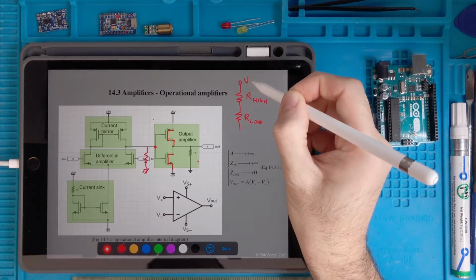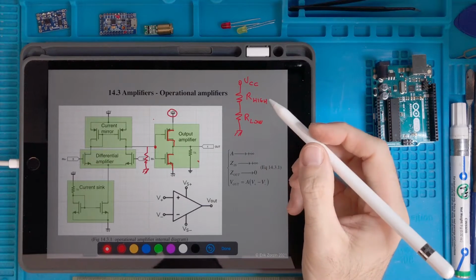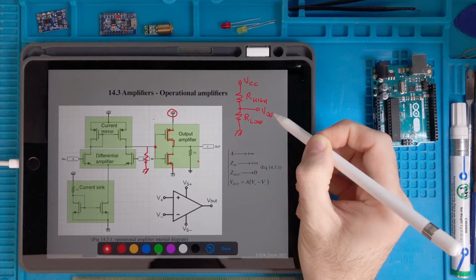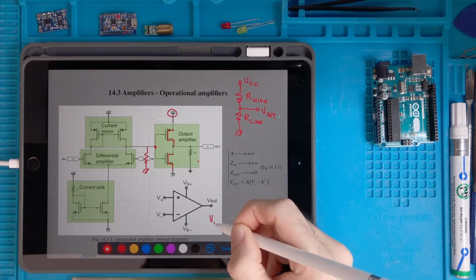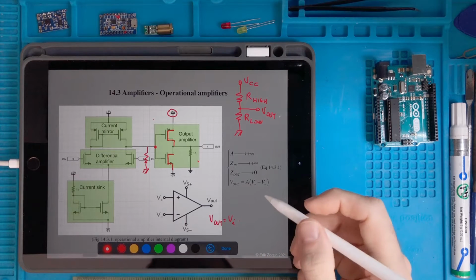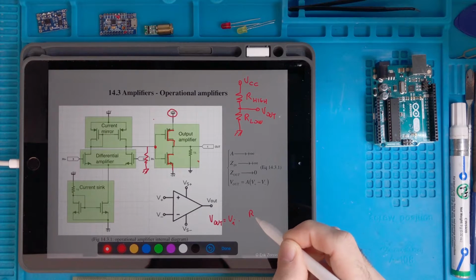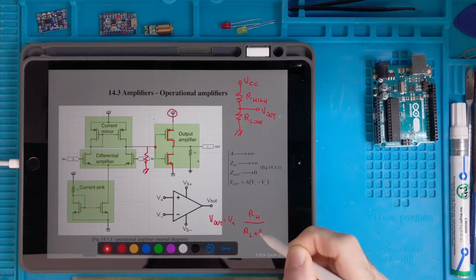And here I have my VCC, which is this thing. We know how to compute the voltage at the output V out. We studied this. We said that for a voltage divider, V output is V input multiplied, in this case, R high divided R low plus R high.